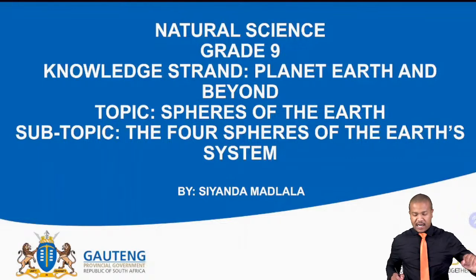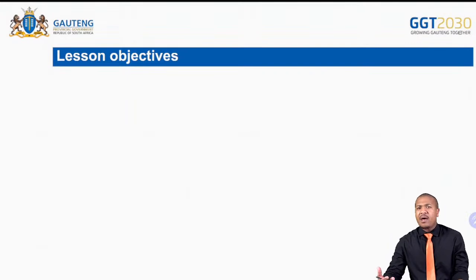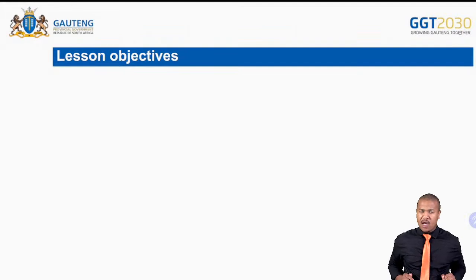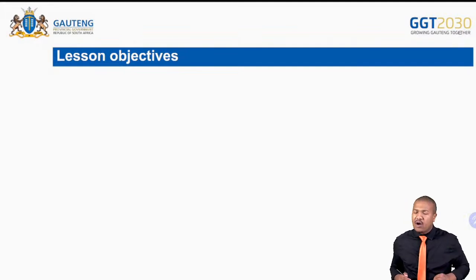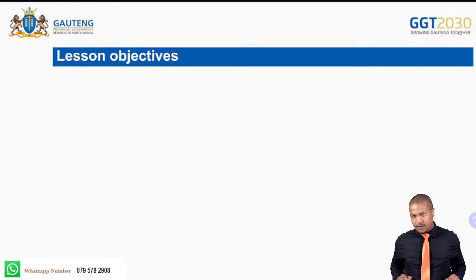So now, let's quickly look at our lesson objectives. Remember that this is what we need to achieve by the end of the lesson, so you should note it down and write what you need to know, to understand, to explain after this lesson has ended.